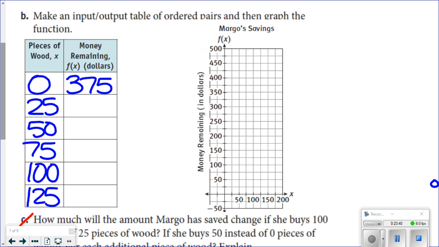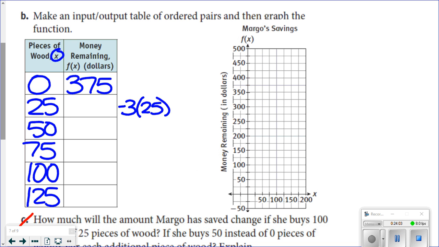But you can figure out the rest by using your calculator. So you can type in negative 3 times 25, that's our x value. See how this says x? Well, we're plugging in 25 for x plus that 375. So here was my function.